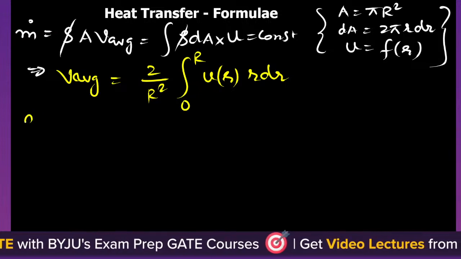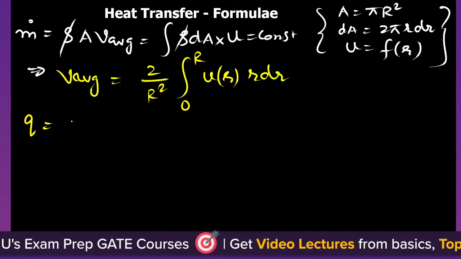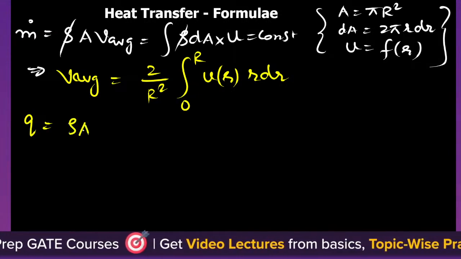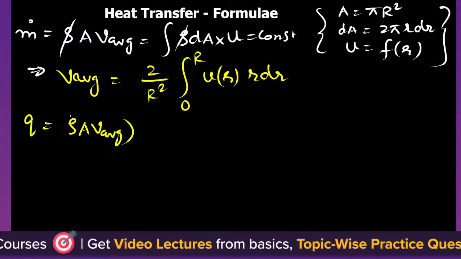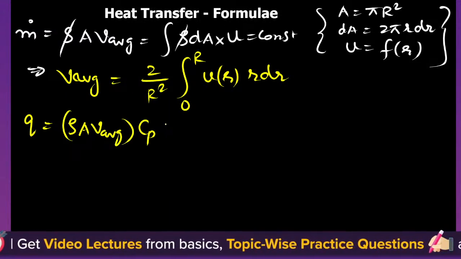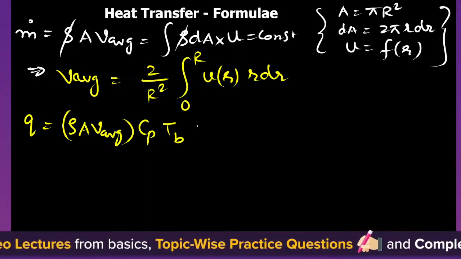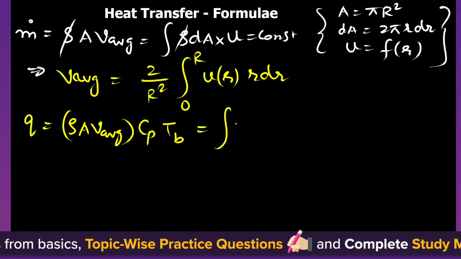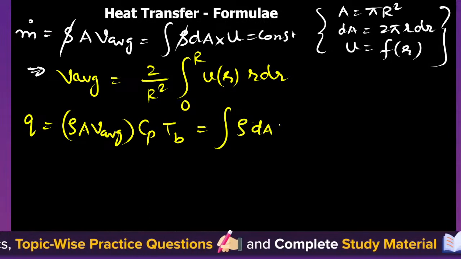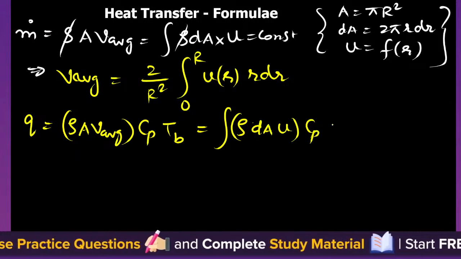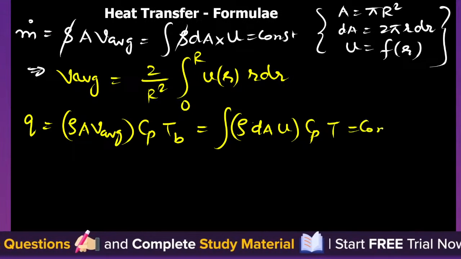Similarly, the heat flow rate remains constant. What is heat flow rate? Mass flow rate, that is rho A into V average into Cp into Tb, the mean temperature, should be equal to the integration of rho into dA into U into Cp into T, which remains constant.